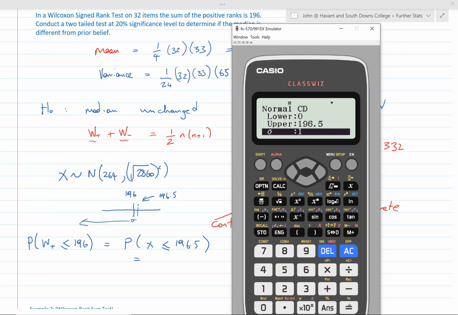The standard deviation is equal to the square root of 2860, and the mean is equal to 264. And that gives us the number 0.0103.